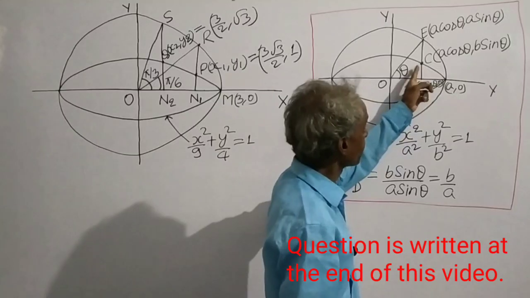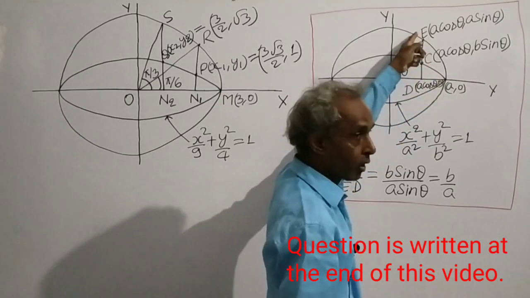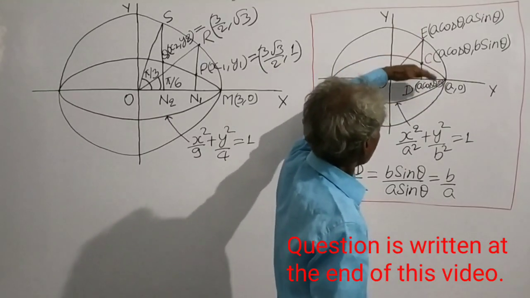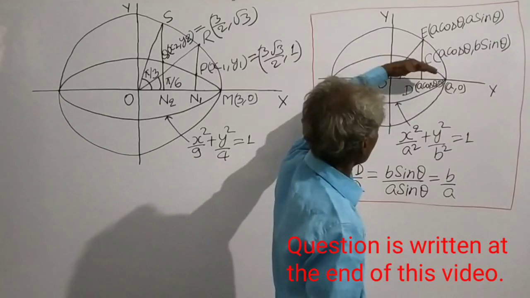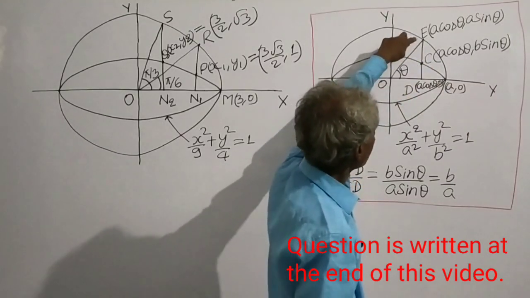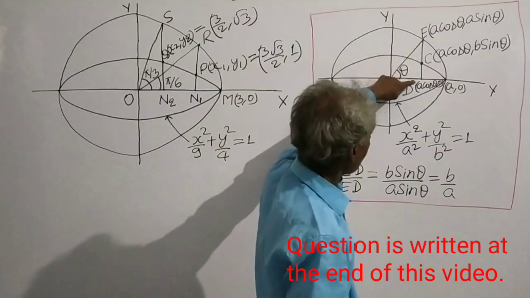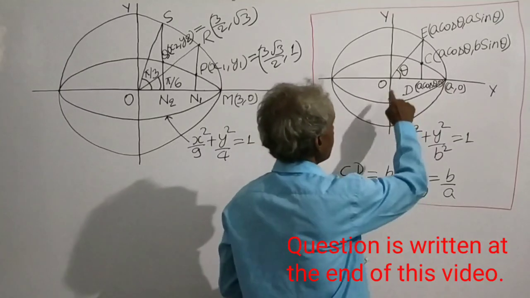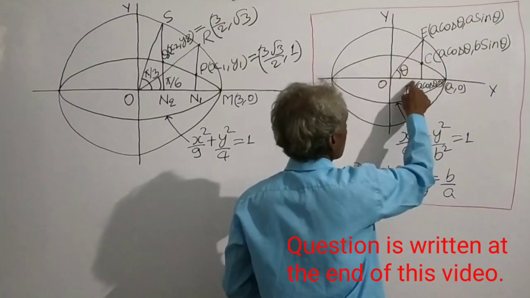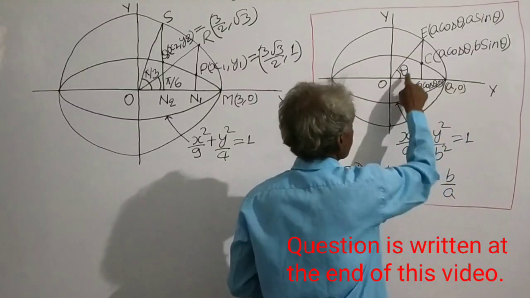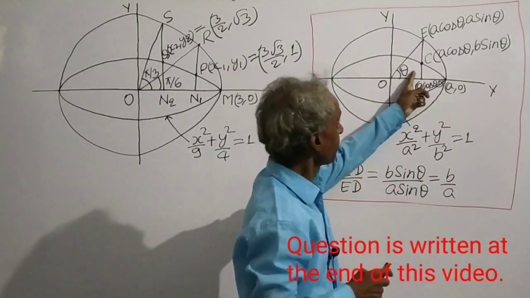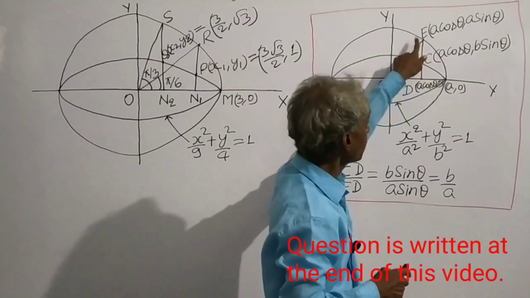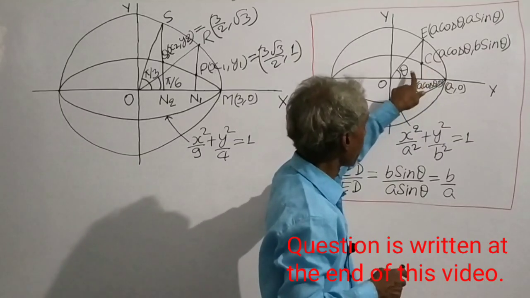From any point C on the ellipse, if we draw a perpendicular, which is a line perpendicular to the major axis, that intersects the auxiliary circle at E and the major axis at D, and if angle EOX is theta, then this angle theta is called the eccentric angle of this point, not of this point, but of this point.